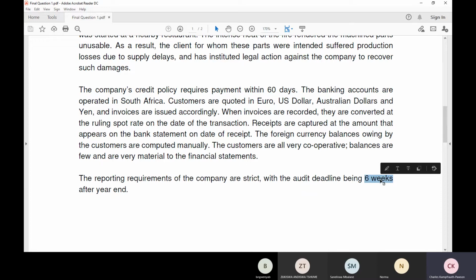But it doesn't matter whether you knew it or not. If they say that, you need to list a consideration. So you need to say, do we have the necessary staff complement to finish the audit in that time? Because we know it up front. We are being given that detail to consider. So if we can't finish an audit within six weeks, then obviously we need to decline.